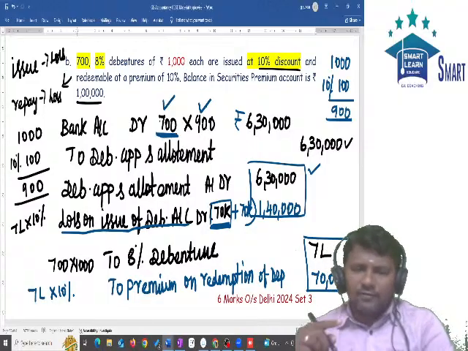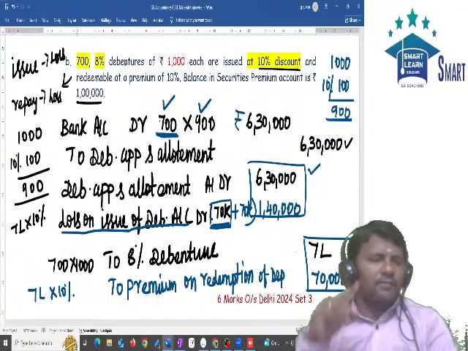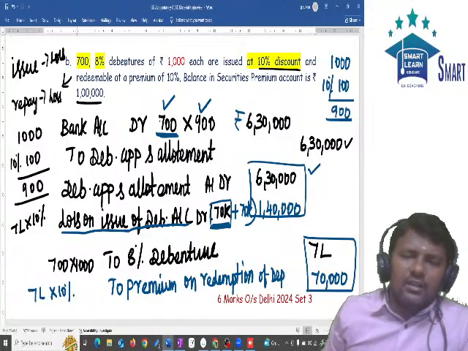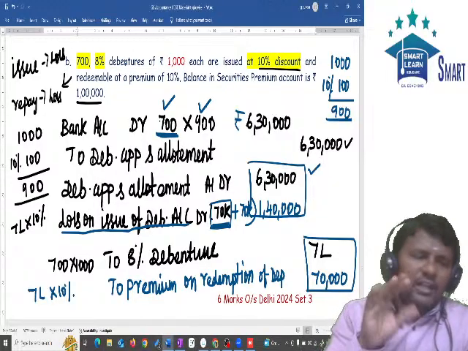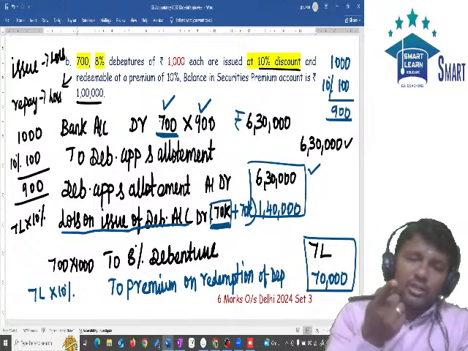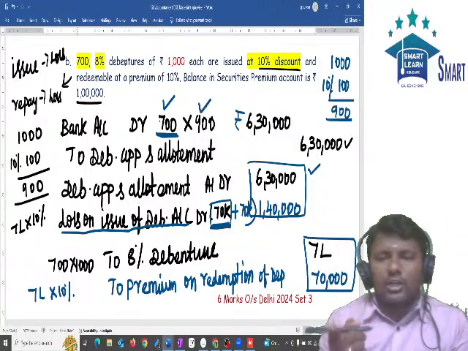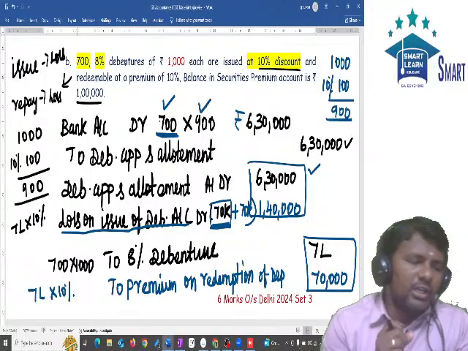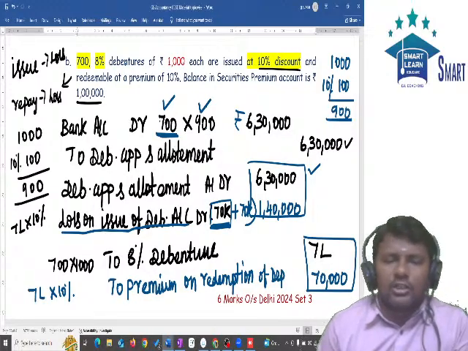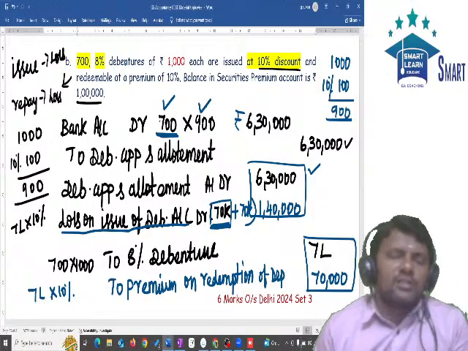When we redeem the debenture, we are redeeming it at 10%. 7 lakh 10% comes to 70,000. Discount is 10%, redemption is 10%. So total loss comes to 20%. 7 lakh 20% comes to 1,40,000. That is the total loss.